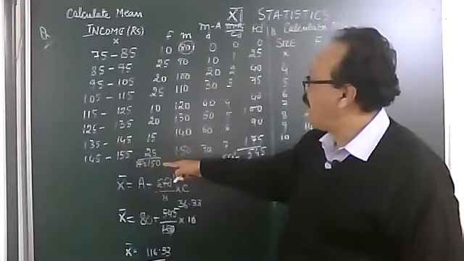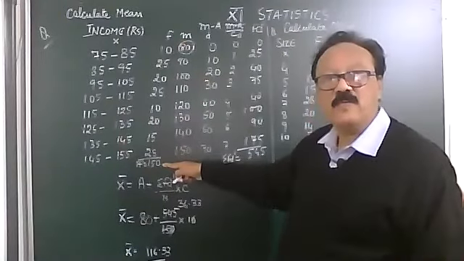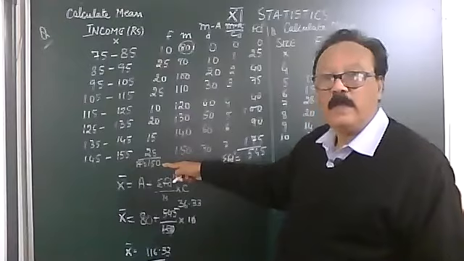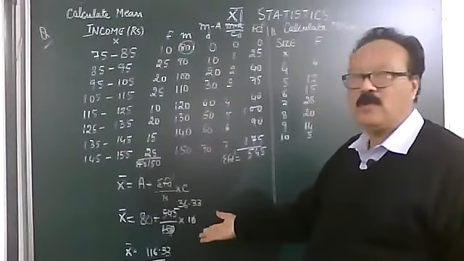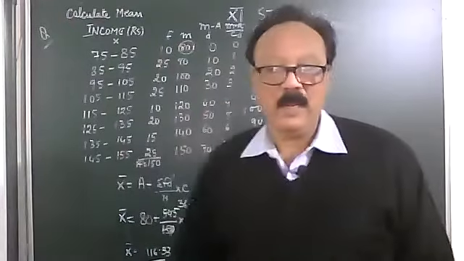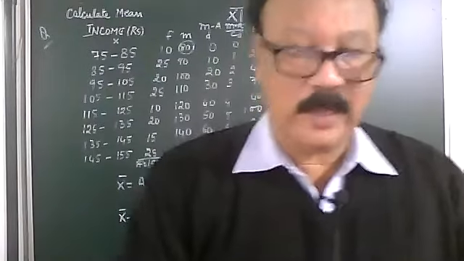On adding f, which is also called n, we get 150, and then we substitute the values and get it there. Kindly copy this down quickly, then we'll go on to the next one.